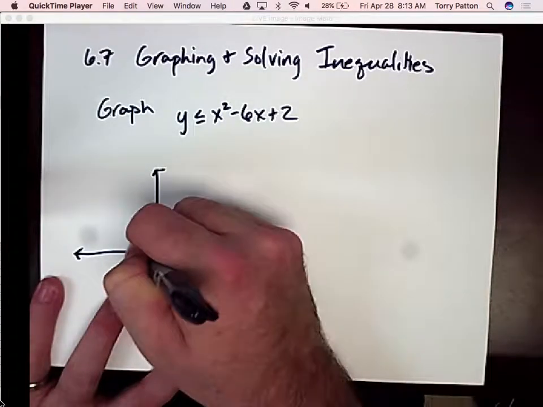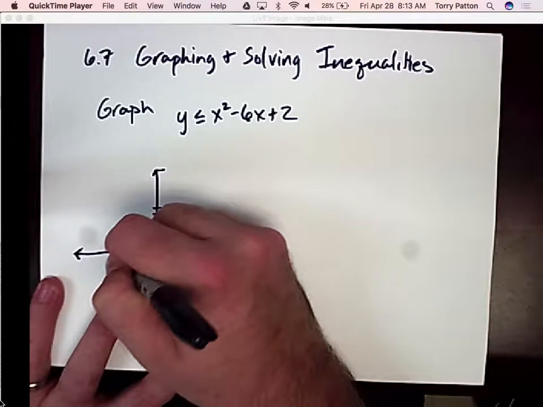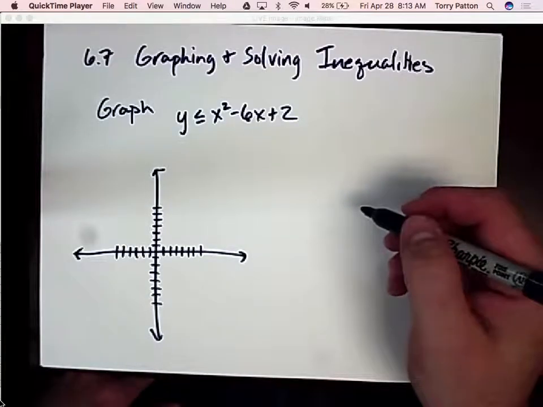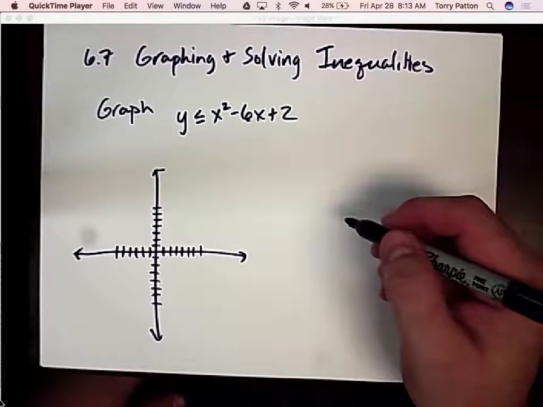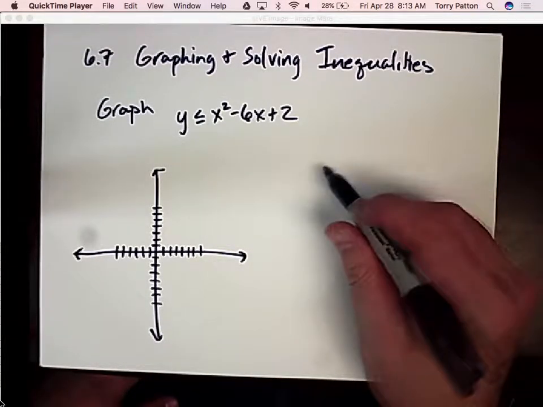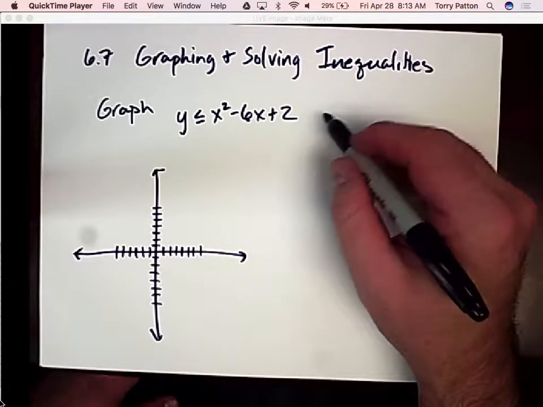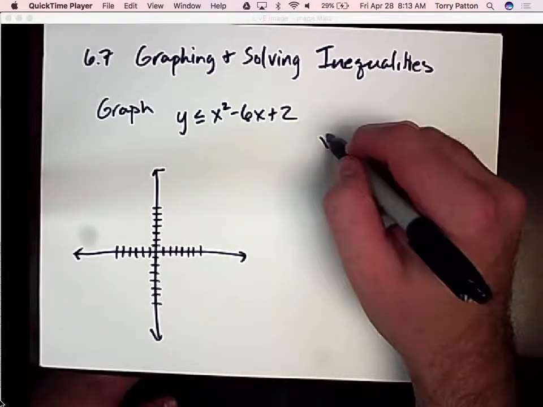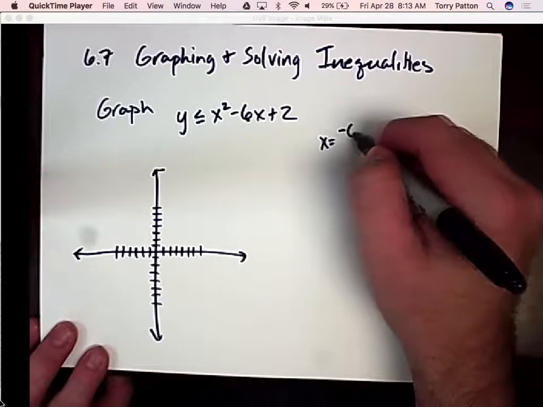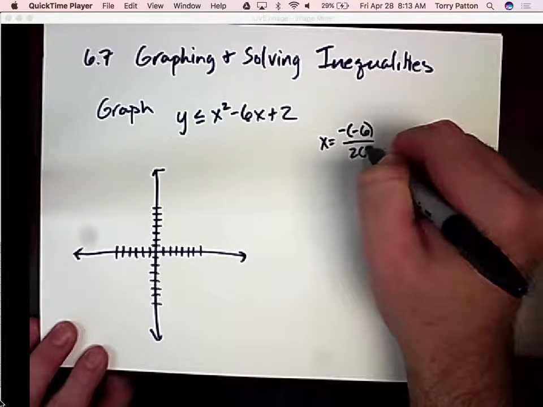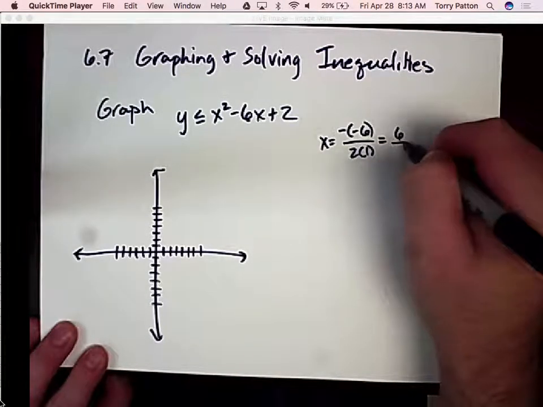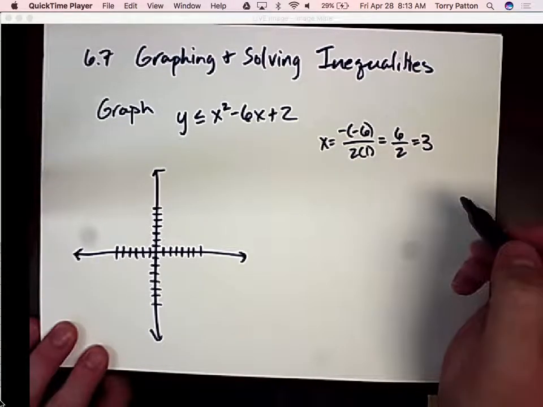All right, and there's two ways, remember I taught you to get it in vertex form. One is to complete the square. The other one is opposite of b over 2a. So the x is going to be the opposite of negative 6 over 2 times 1, which is 6 over 2, which is 3.